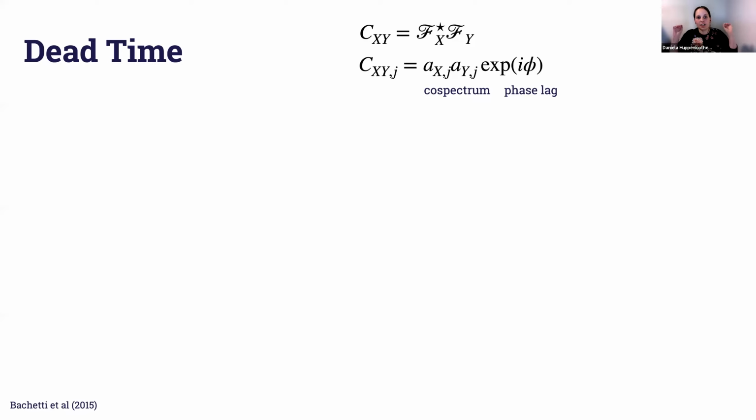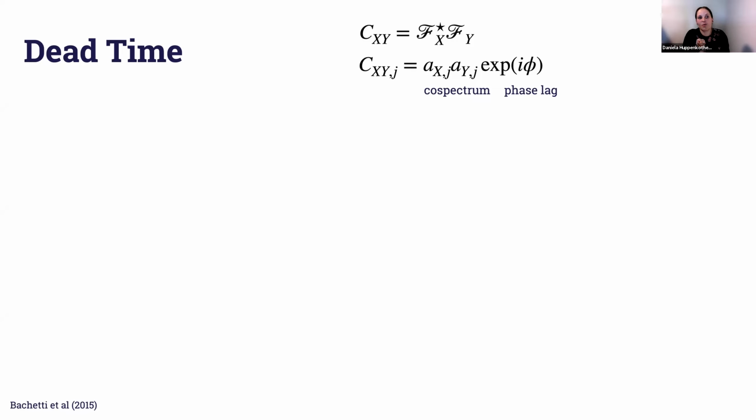In this case, because it's the same source observed at the same time, the phase lag doesn't tell you anything interesting, but the real part of that cross spectrum, what we call the co-spectrum, does tell you something interesting, because this detector effect is in the detector, and you do have two independent detectors.